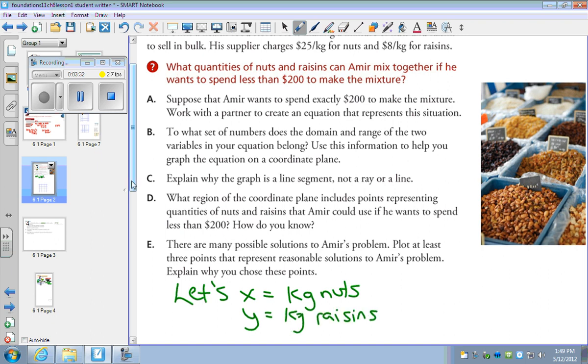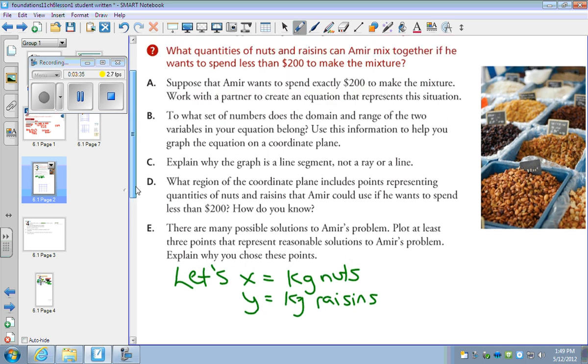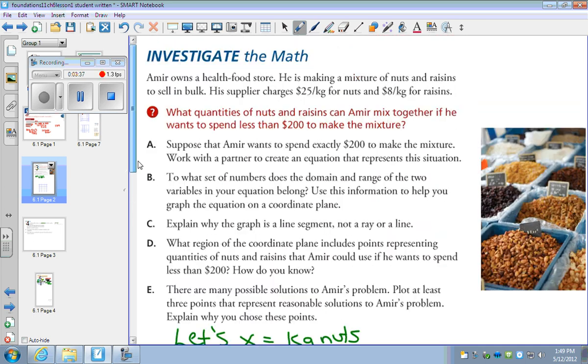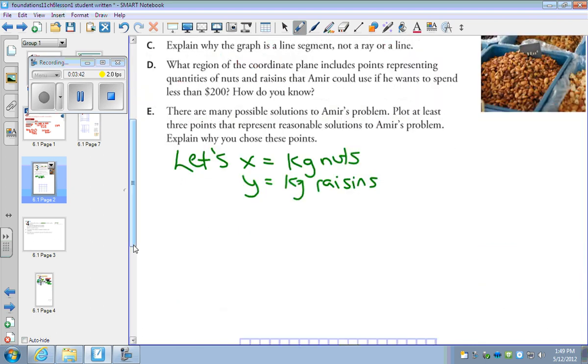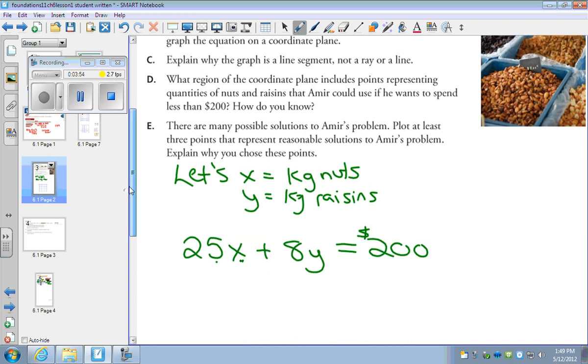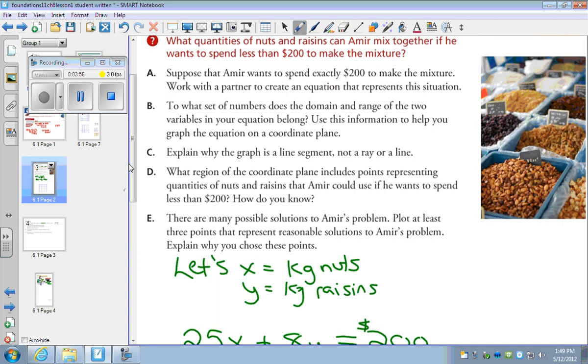Each kilogram of nuts costs $25, and each kilogram of raisins is $8. So you go 25 times x, because each kilogram costs $25, plus 8 times y equals $200, if you wanted to spend only $200. Now it says, to what set of numbers does the domain and range of the two variables in your equation belong? Use this information to help you graph the equation on a coordinate plane.